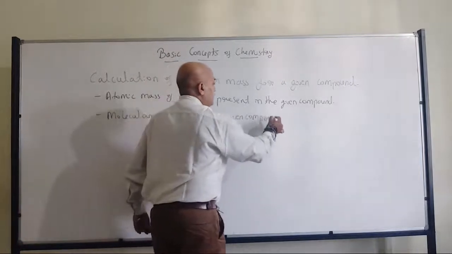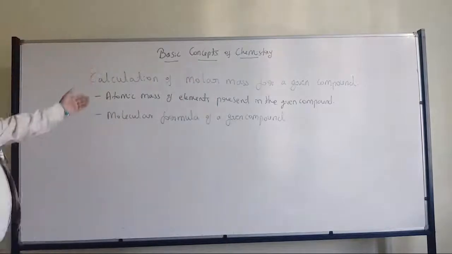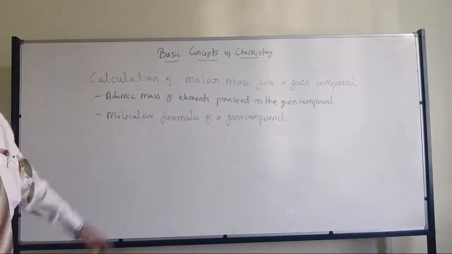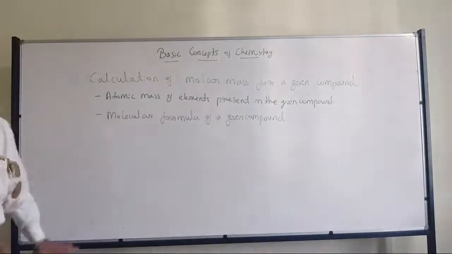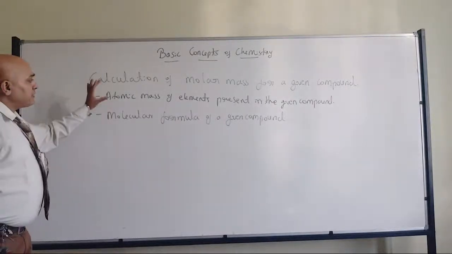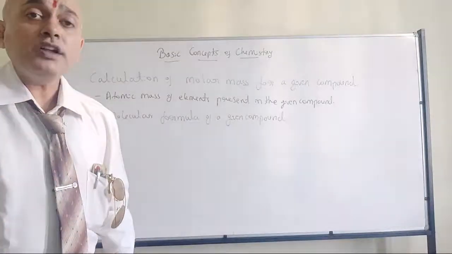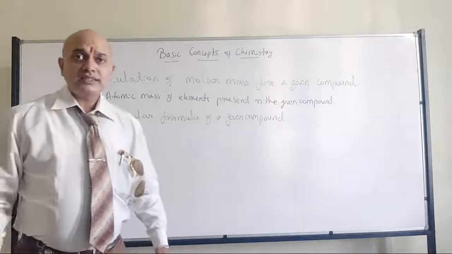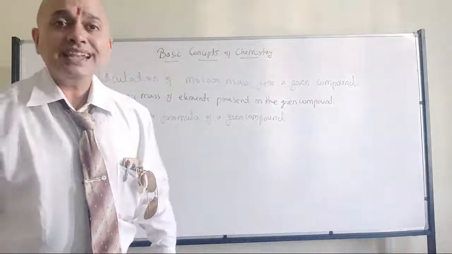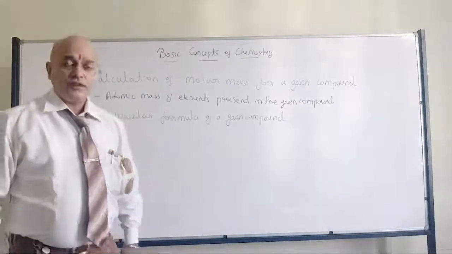If you don't know the molecular formula, we cannot find which elements are present, and then we cannot calculate the molar mass. Got my point? Anyway, we are going to discuss all these things in detail in the next concept, that is empirical formula and molecular formula.